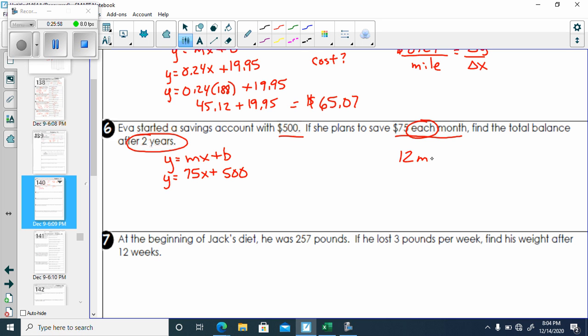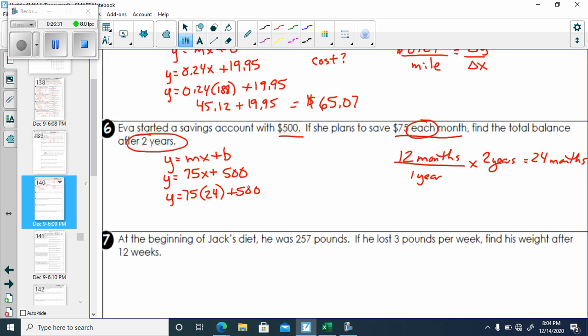There's 12 months per year times 2 years equals 24 months. We need to plug this in for the X. That's our months. Y is equal to $75 per month times 24 months plus 500.